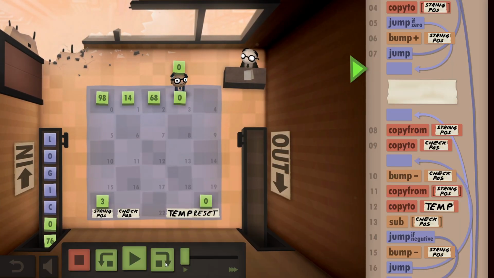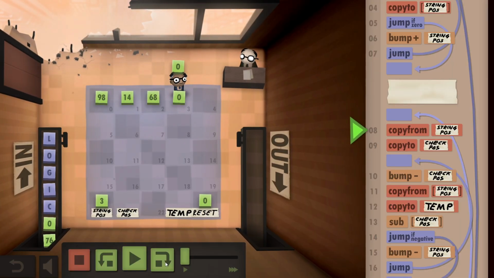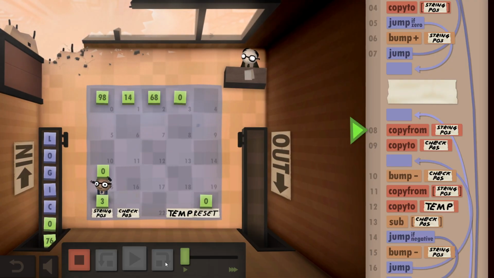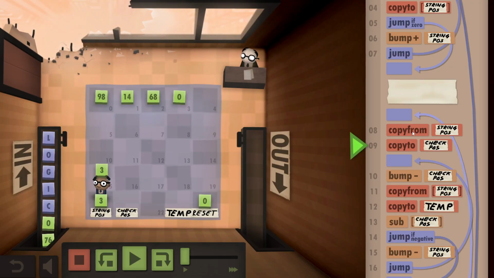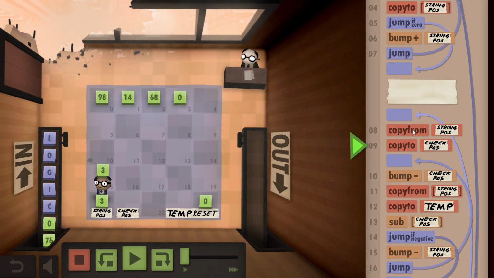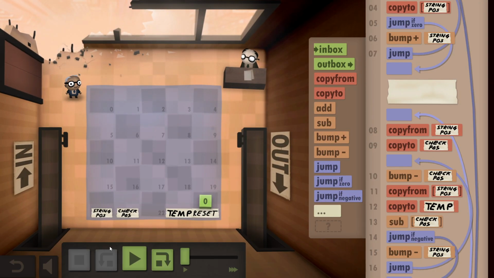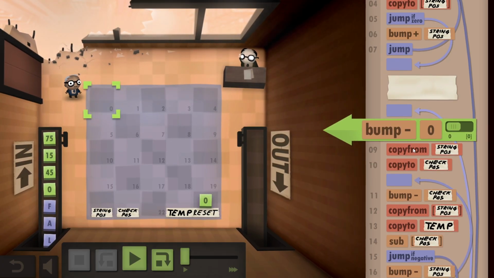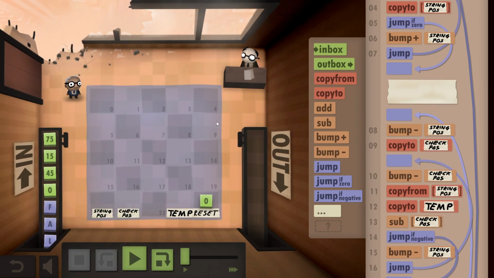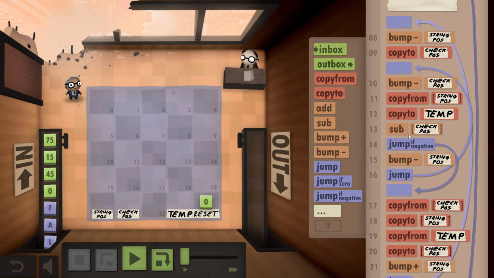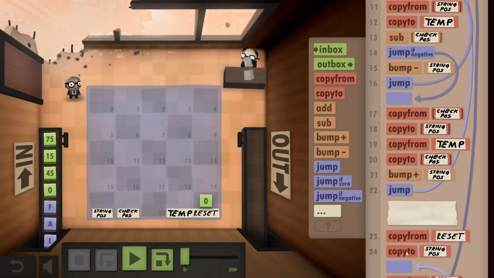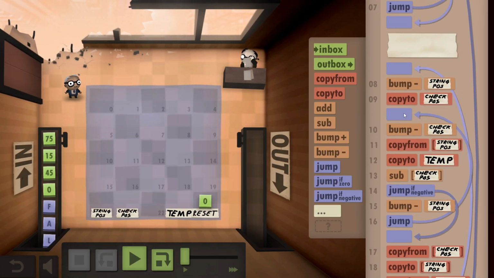It's 0, you jump. So at this point, it should be 2. We bump minus it. The jumps are still, I don't know, like we are bump plus, bump minus.